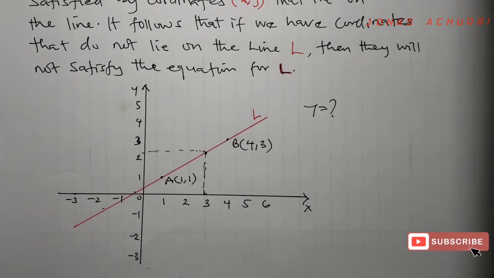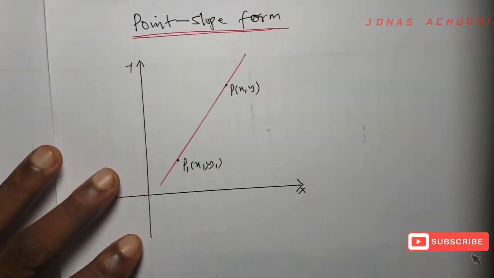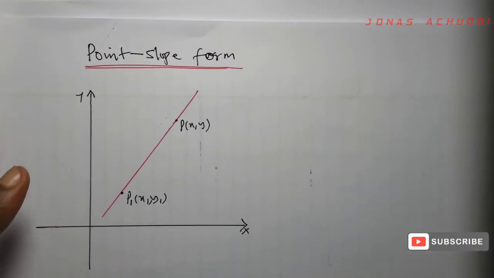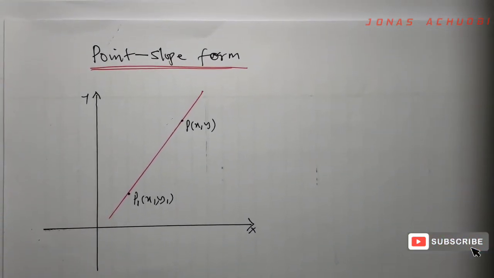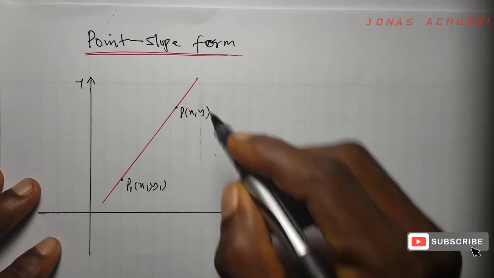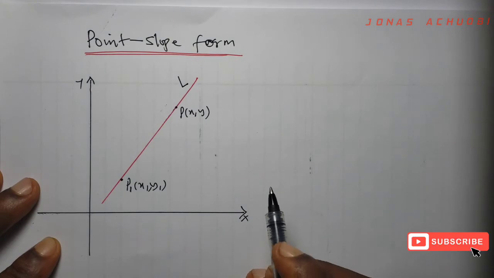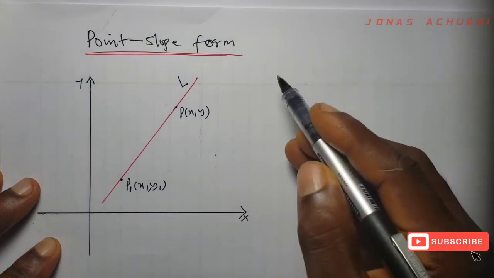So one of such equations is what we refer to as the point slope form. Now, to write an equation for line L, it is enough to know the slope or gradient of this line.